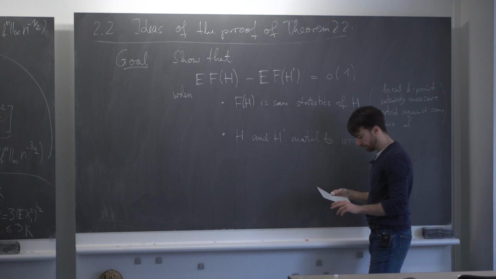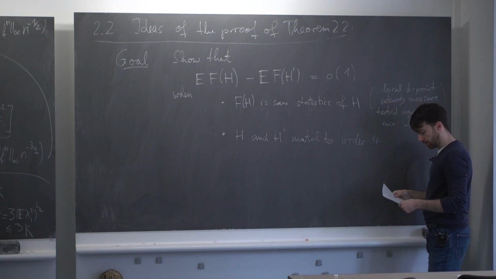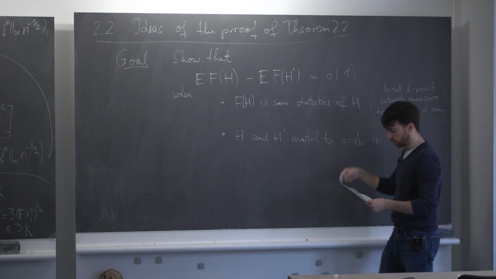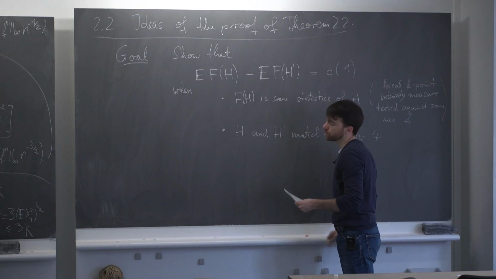First I want to motivate why this order 4 is sufficient, and then I'll talk a bit about the Green function. I guess that will be what we'll do for the rest of today.